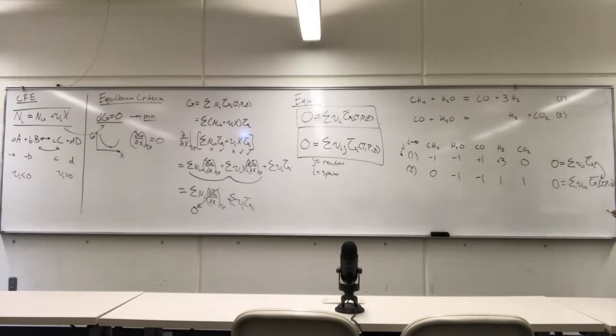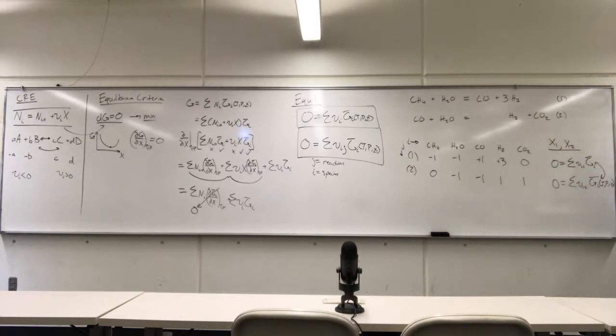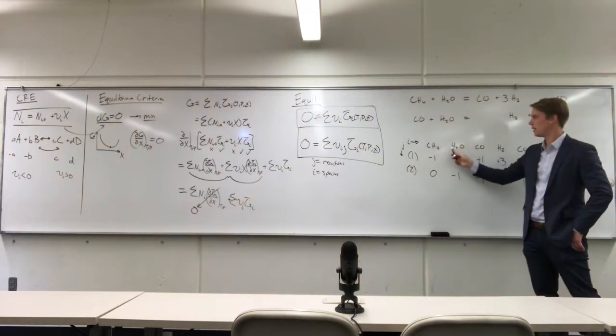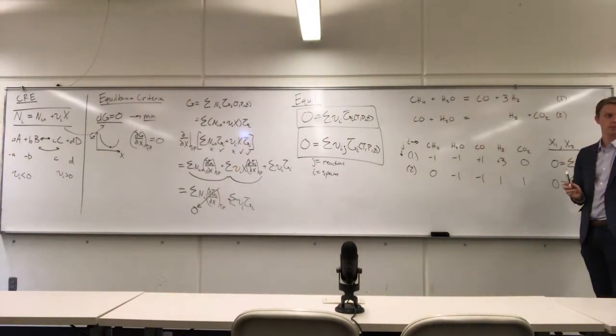So if I'm going to go about and solve this, what I need to do is figure out at what extent of reaction, in which case we're going to have extent of reaction 1 and extent of reaction 2 being our primary independent variables for this system. So if I were to change extent of reaction 1, what I would be doing is removing some of my methane and some of my water, and creating carbon monoxide and hydrogen.